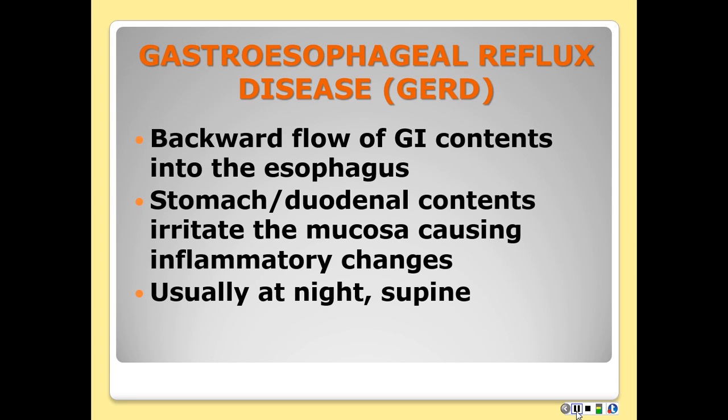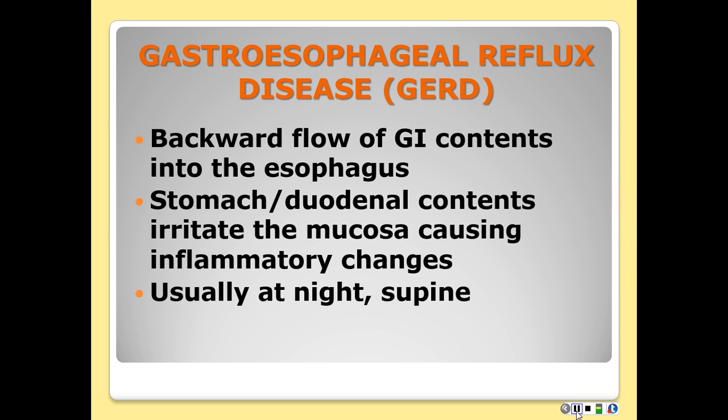So what happens is the esophagus actually gets fibrotic, scarred, as it keeps trying to rejuvenate itself and lay down good new tissue there. But the scarring can actually predispose your patient to esophageal cancer.